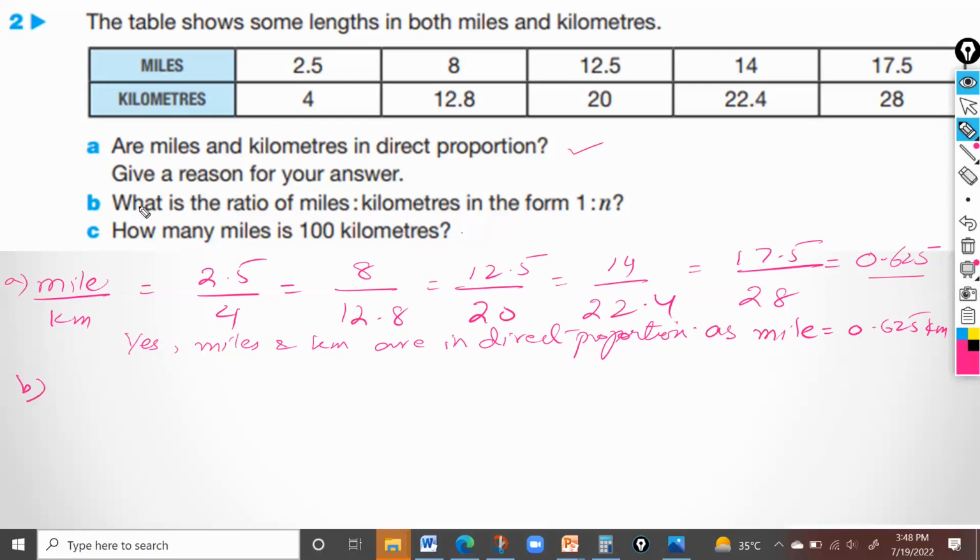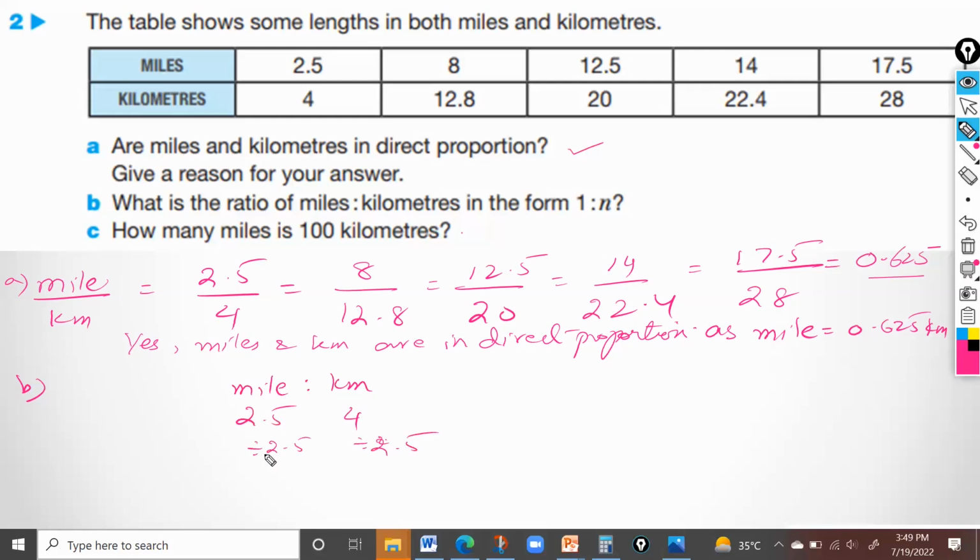Now we go for question number 2, B part. B part states: what is the ratio of miles and kilometers in the form of 1:n? So what we write here: miles ratio kilometers, 2.5 and the ratio 4 is given for kilometers. So I divide both numbers by 2.5, because we choose the smallest number, 2.5.